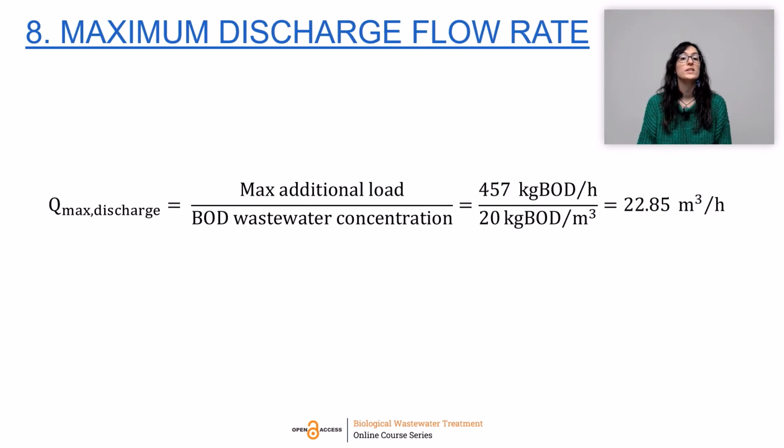If we know what is the maximum load that we can add as an extra, and we also know what is the BOD concentration of the wastewater, then we can calculate what would be the flow corresponding to this extra discharge. And after this calculation, we know that we can discharge around 23 cubic meters per hour, and the plant will still be able to handle it without problems.